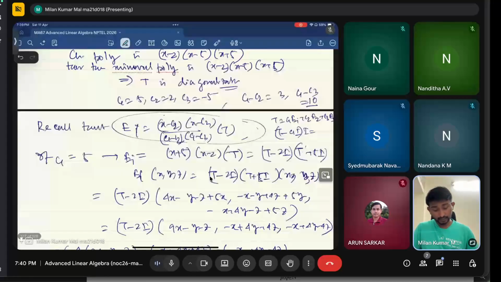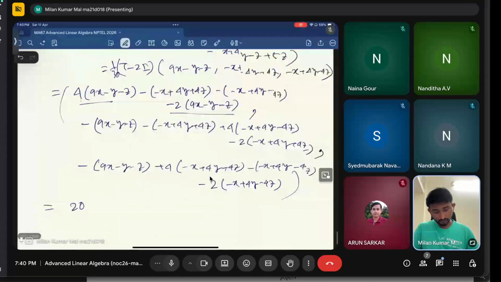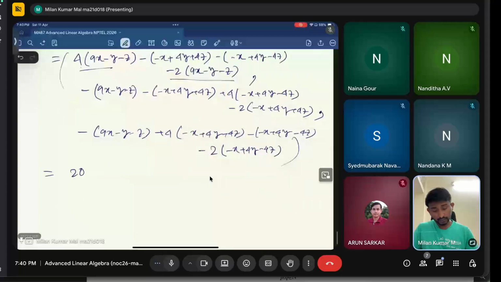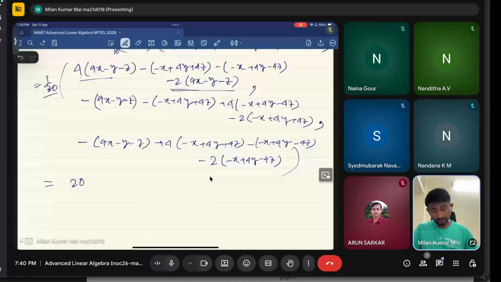So what is the first entry actually coming to? The first entry is coming like minus 2x, this will be 2 times 9x, that is 18x, 18x plus x, that is 20x. Okay, let me calculate this. And this is 4y. What is the coefficient of y? That is 2 minus 2y minus 4y minus 6y minus 4y minus 8y.